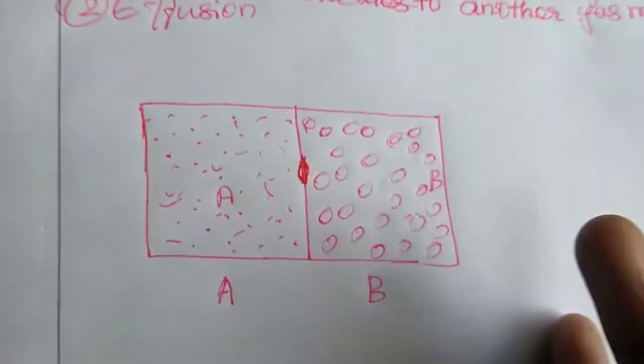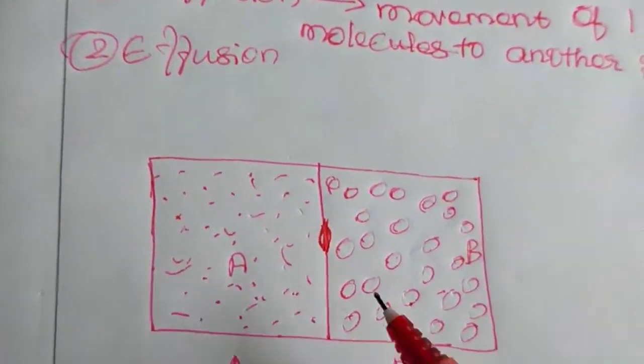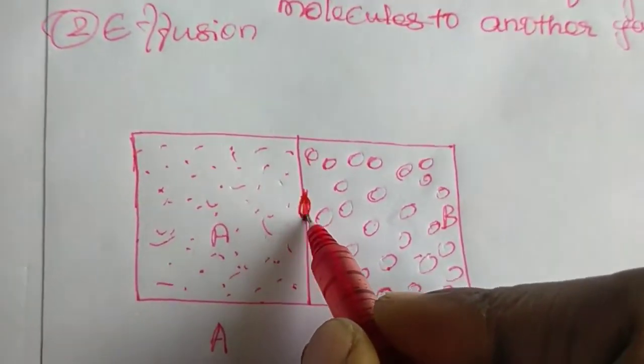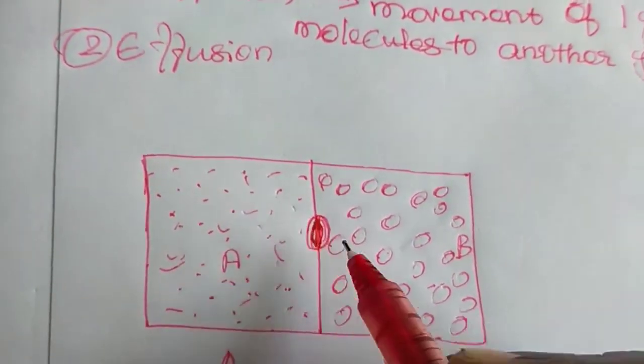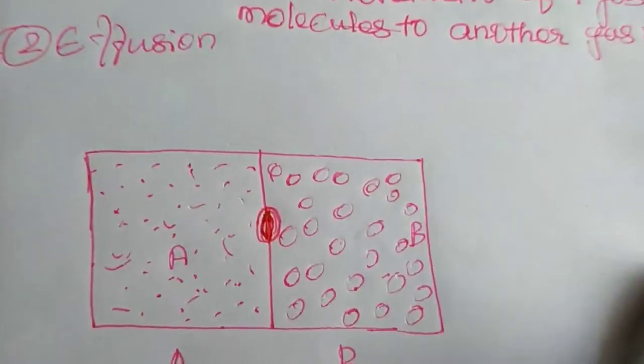Now take these two parts like a room and the outside. Now open the hole in between these two parts. What will happen?